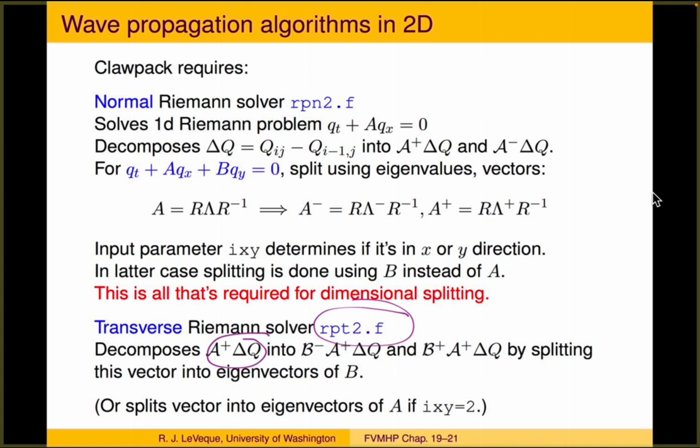So if what came in was A plus delta Q, then it would split it into B minus A plus delta Q and B plus A plus delta Q, the part of that right-going fluctuation in x that is going downwards or upwards in the y direction. That would be done by splitting A plus delta Q into eigenvectors of B. Or conversely, it might split B plus or minus delta Q into eigenvectors of A if we started with Riemann problems in the y direction and now we're doing the transverse Riemann solver in the orthogonal direction to that.